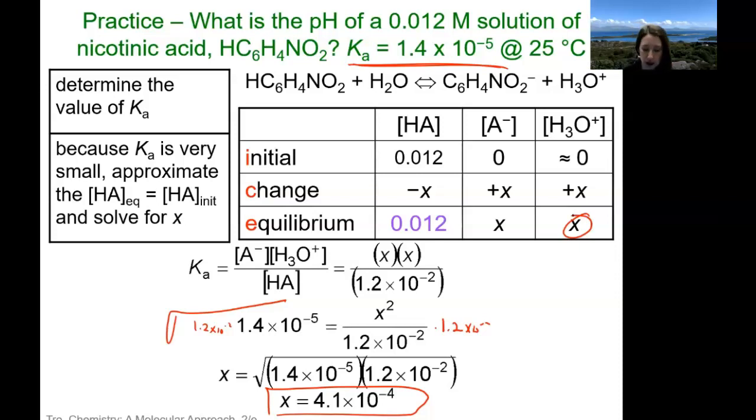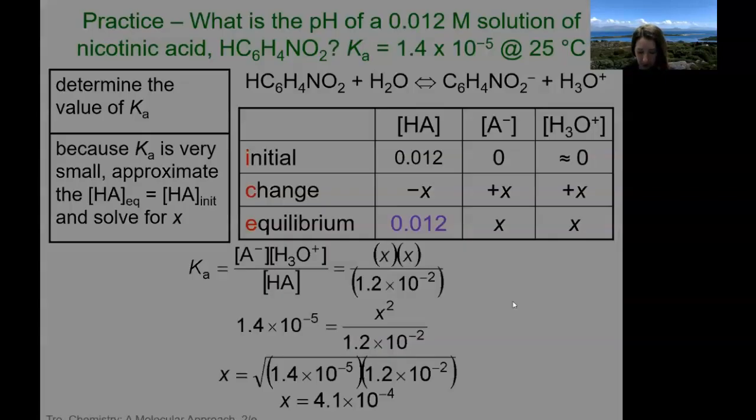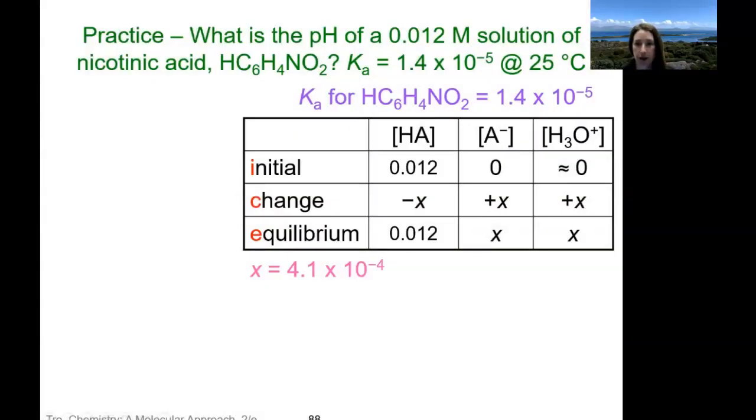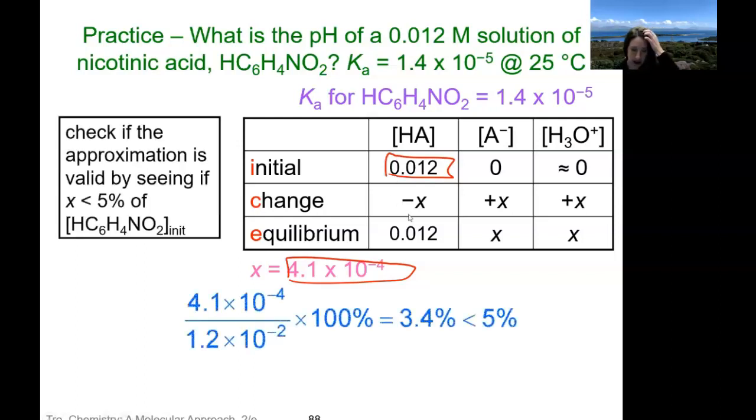Before we can go on, we need to check and see if it's less than a 5% difference. Maybe. It's going to be close. So again, we're going to take this over our original concentration to see if the change was less than 5%.